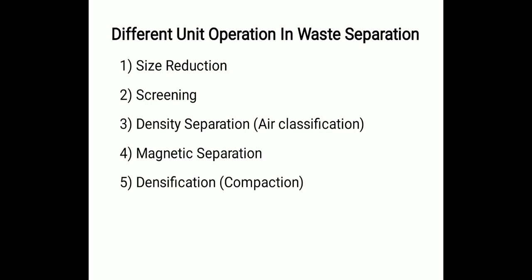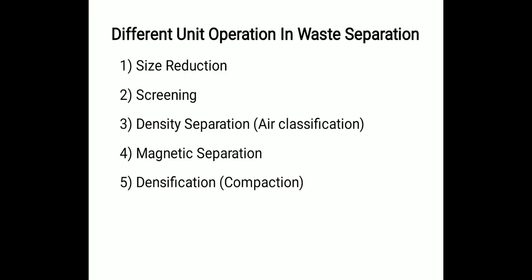For waste separation, we are going to use different unit operations. First is size reduction, where we cut the product into smaller pieces to get a uniform product. It is not a volume reduction, it is a size reduction process. Second is screening. In screening, we separate oversized and undersized particles on the basis of size. The third unit operation is density separation or air classification, where we separate lighter and heavier particles, mostly used for plastic waste separation.